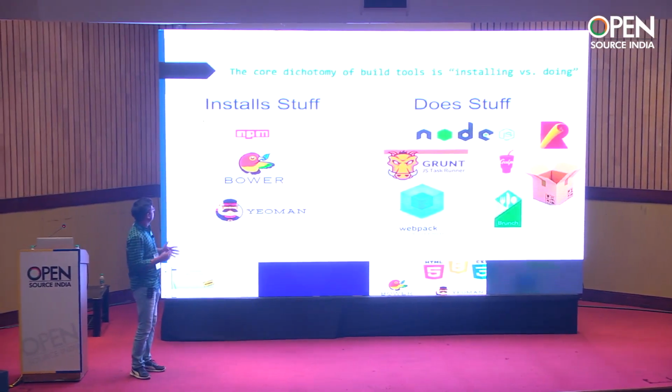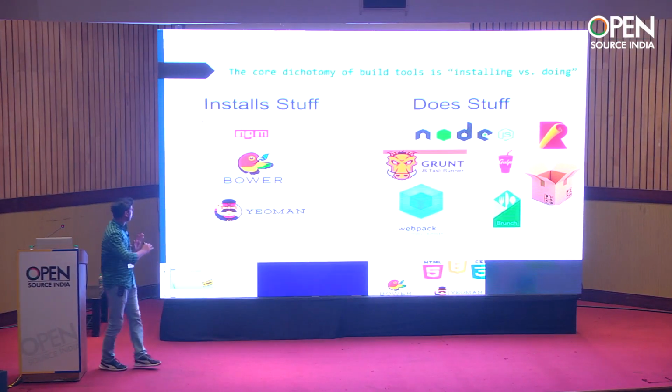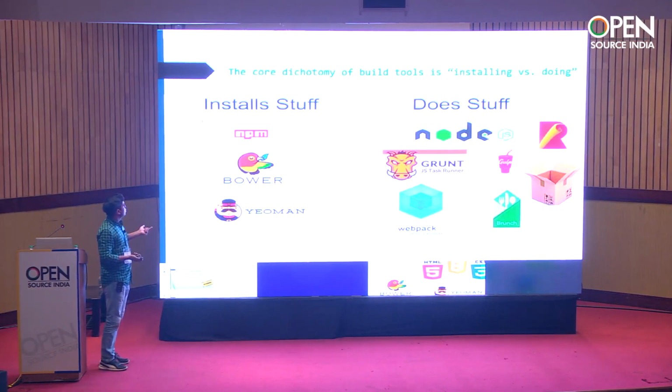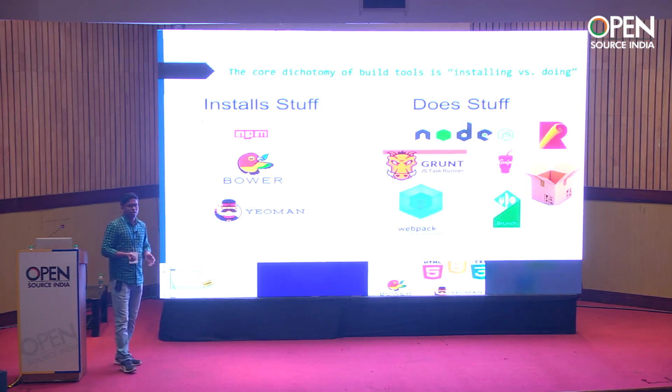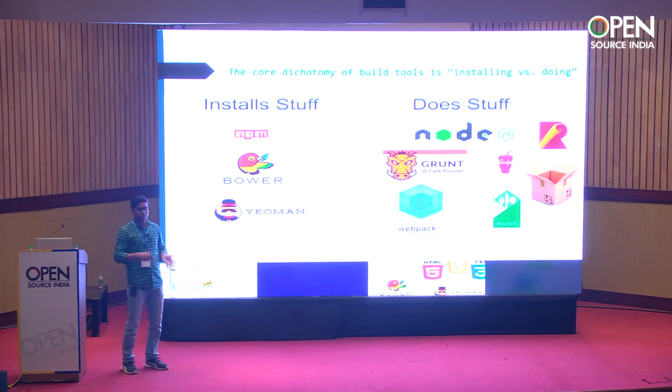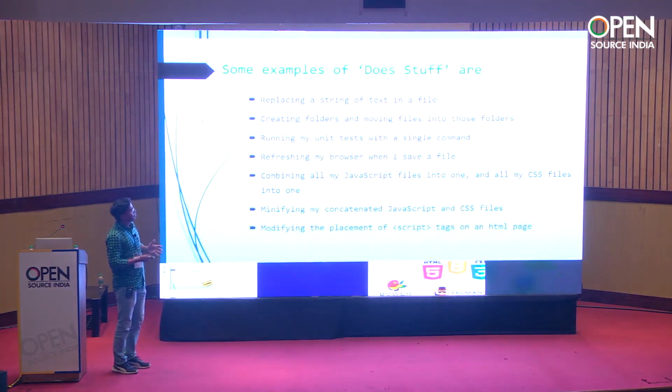You can divide them like this: majorly NPM, Bower, Yeoman, and Yarn are the install stuff, and nowadays you can do other stuff also with the install tools. So there is an overlap.